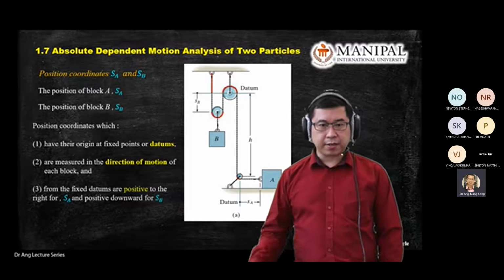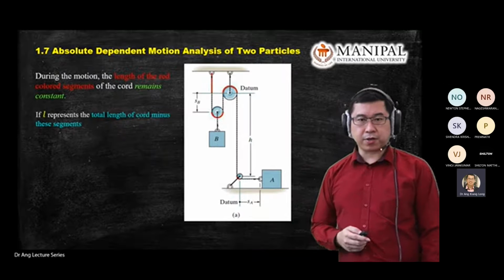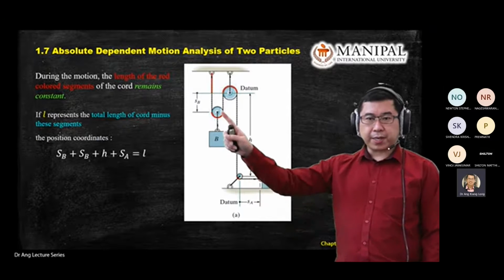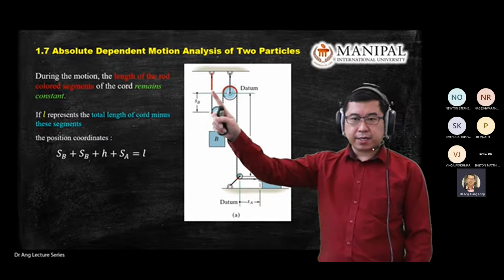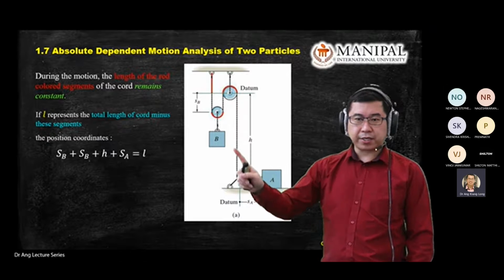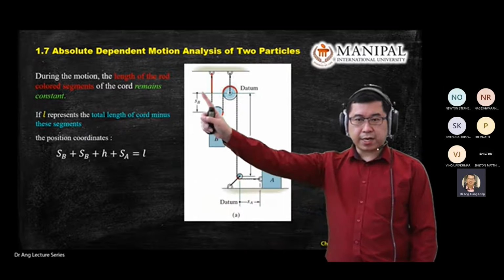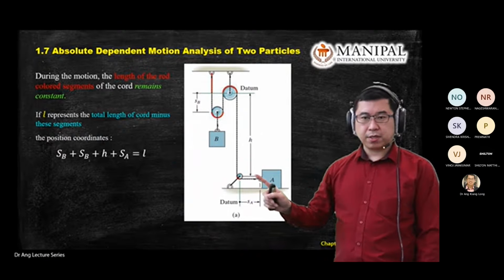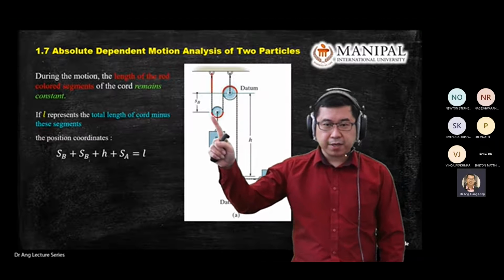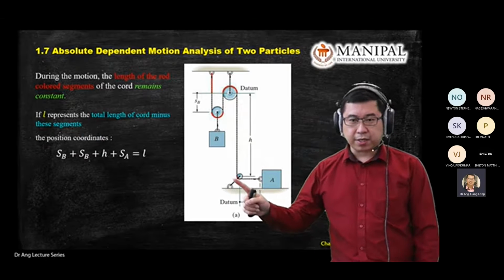Okay, all this was already done just now. One is the length of the chord. The length of the chord is given by this length, SB plus SB plus H plus SA. Agree? That is the total length of your chord, plus this one, plus here, plus here, plus here.